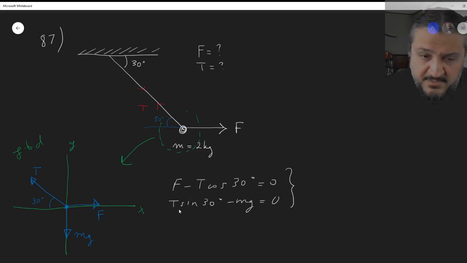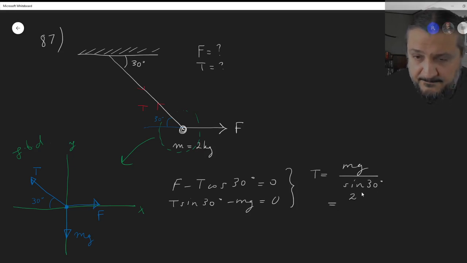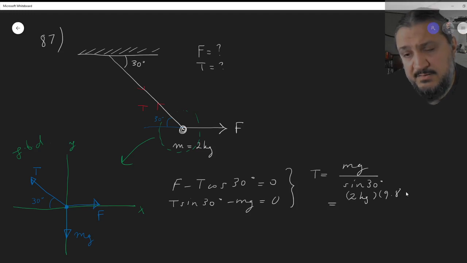Let's start with solving T. T is equal to mg over sine 30. Okay, so m is 2. g is 9.8 meters per second square.